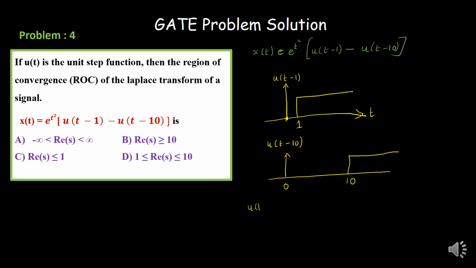So u of t minus 1 minus u of t minus 10 representation is the step signal that will start from 1 second to 10 second. Okay, 1, 10. So this is the signal representation for u of t minus 1 minus u of t minus 10. So now observing this signal is finite, starting from 1 to 10.